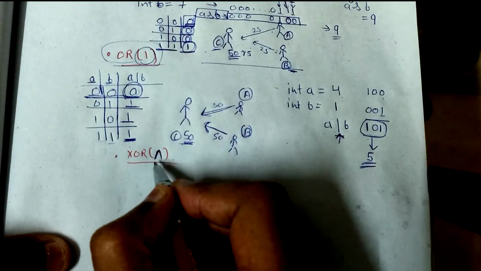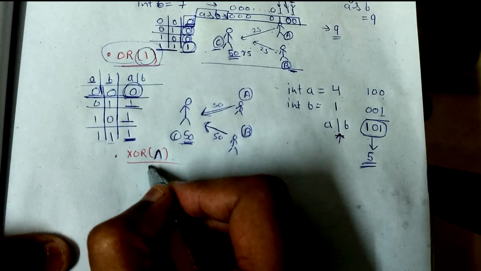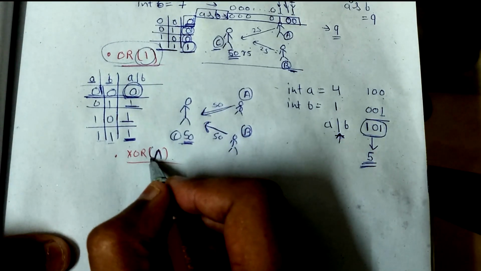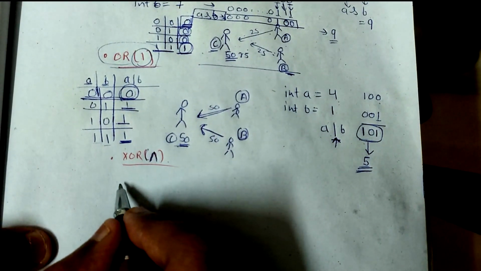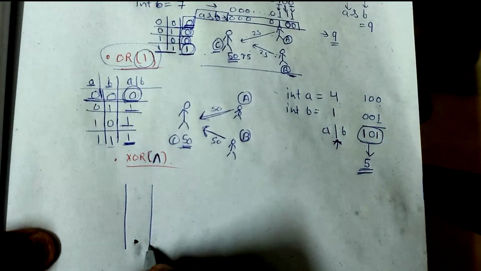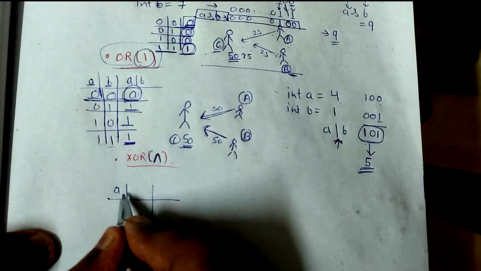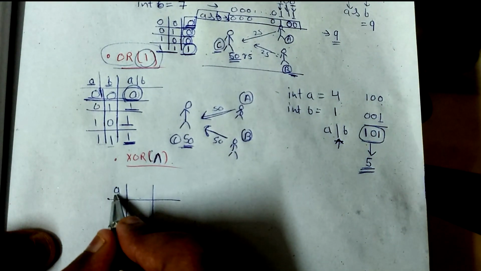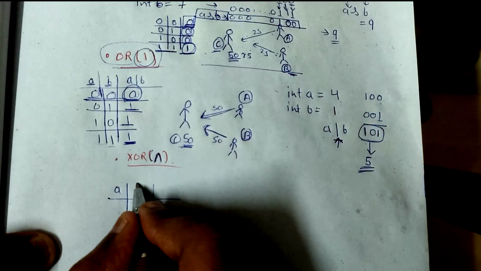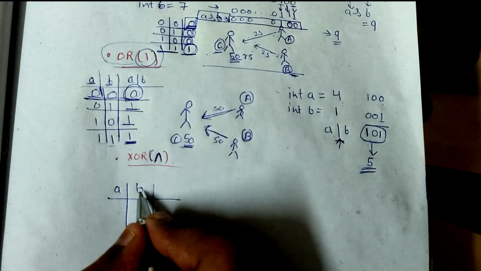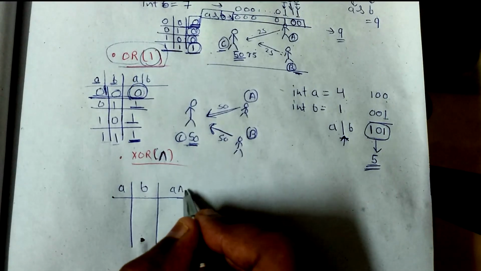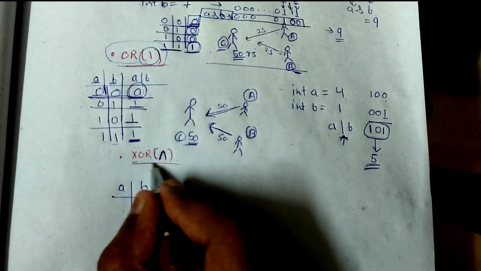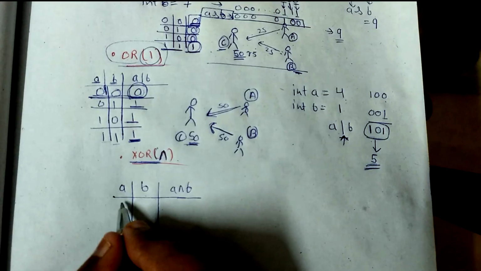In C++ we use this symbol to apply the XOR operation. Okay, so let's first draw the same kind of table. This is some bit of the first number, this is some bit of the second number, and this is the resultant bit when we take the XOR.